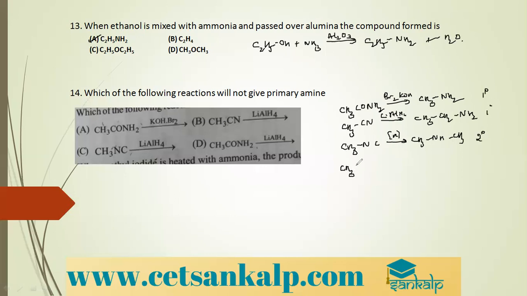Last one is CH3CONH2 again with lithium aluminium hydride. This will also give CH3CH2NH2. See, these two reactions are different. Though you are using the same amide, Hofmann's bromamide gives primary amine with one carbon atom less, whereas lithium aluminium hydride gives the corresponding primary amine. So this is also primary, and this is secondary.